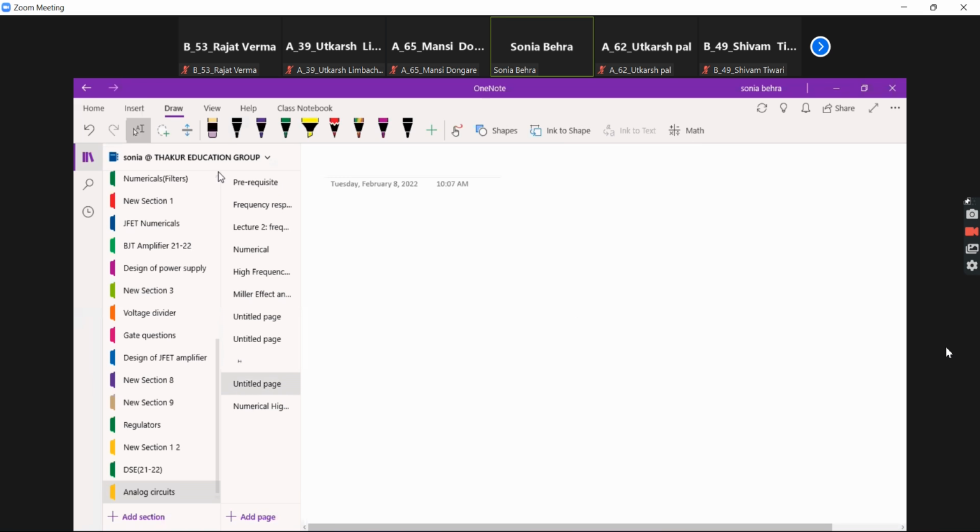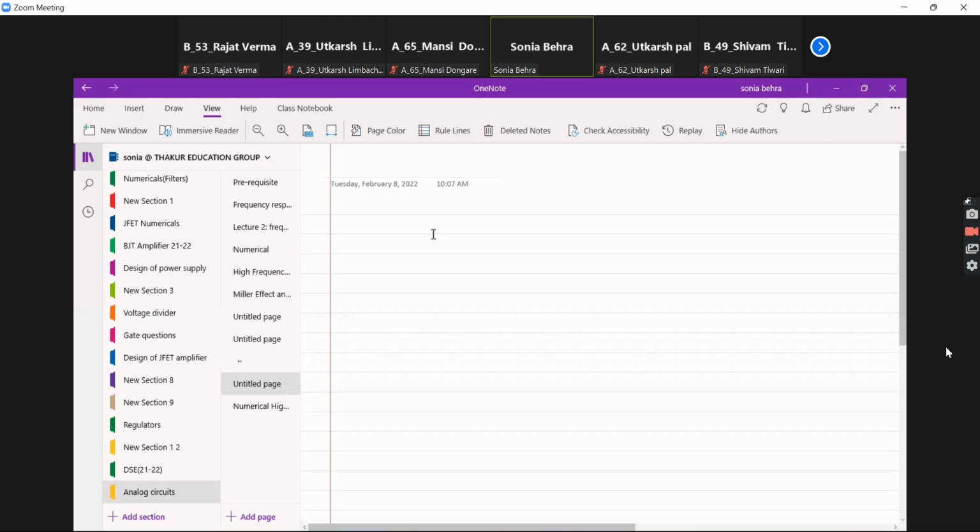Now let me go to your high frequency analysis. In your high frequency analysis, ma'am has done all the revision. So we basically know that there is a Miller effect. Now we do the numerical also.